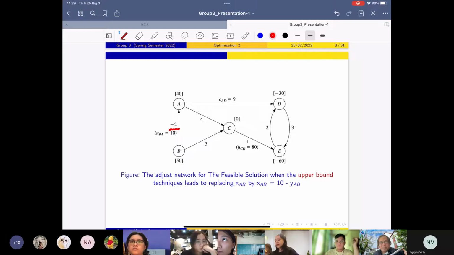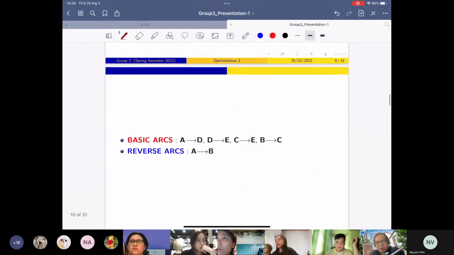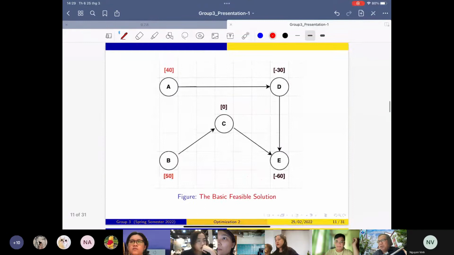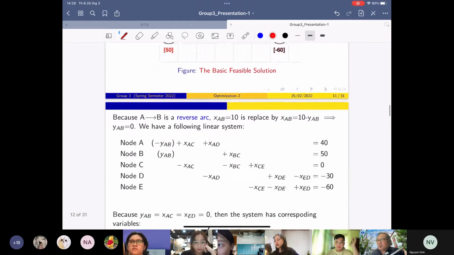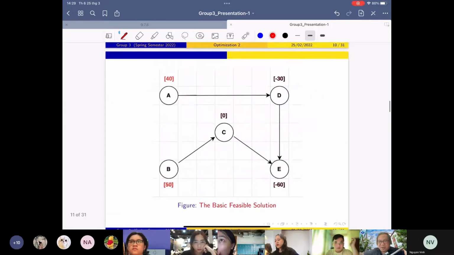No, but you come to the, what you call basic feasible solution? Here is my basic feasible solution. Okay, so let me check the initial 50. Yes. You choose this, and then what do you do? Then I will... No, just keep there.